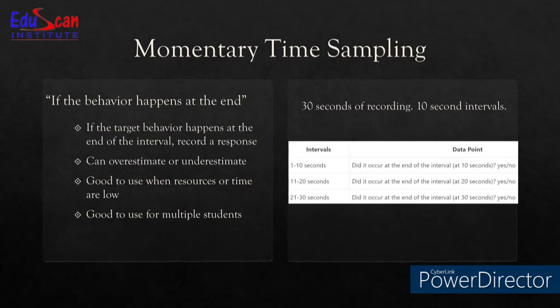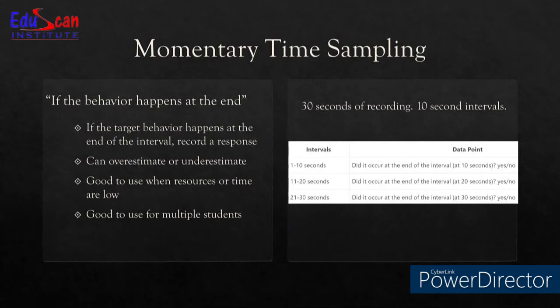So it can overestimate or underestimate the behavior. Certainly, because if it is happening at the end every time, that does not mean that it happened continuously. It is good to use when resources and time are less. Certainly, we use discontinuous measurement only to save time. Good to use for multiple students. The same can be done on multiple students.